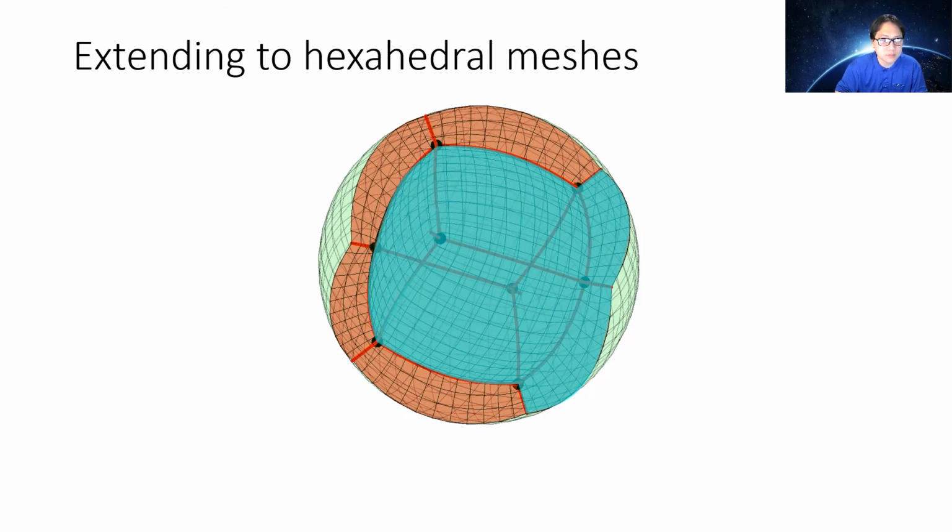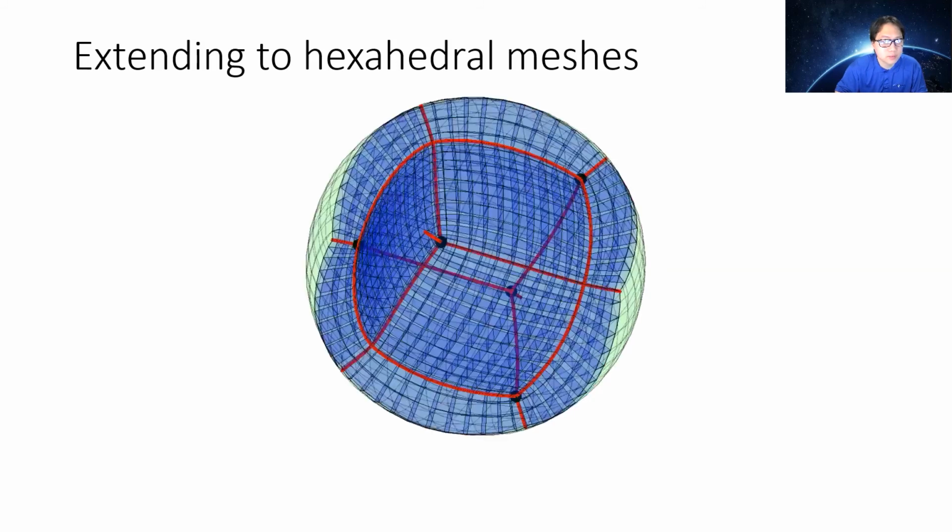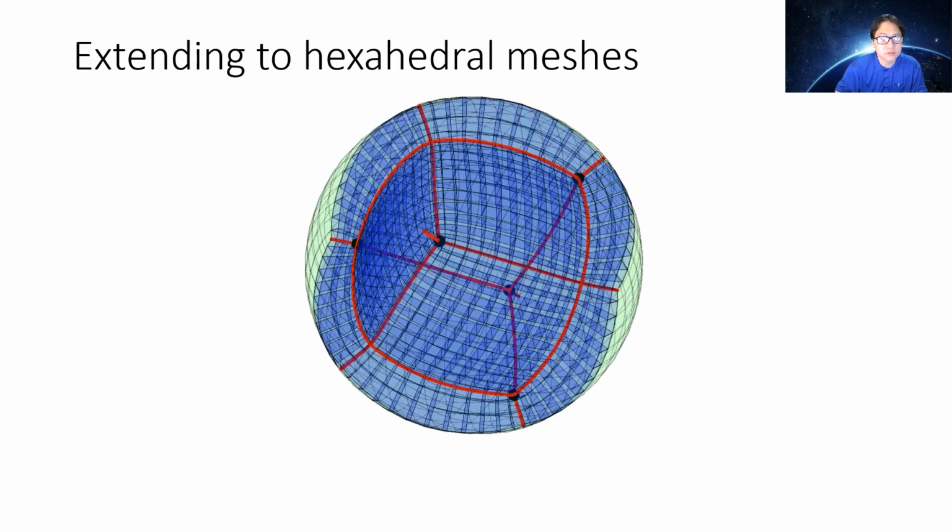Continue extending the sheet. And finally, the sheet is completed. Inflate the sheet. And notice that with this one sheet inflation, we've managed to remove 3 singular nodes simultaneously. Here's the rest of the sphere decomposition.